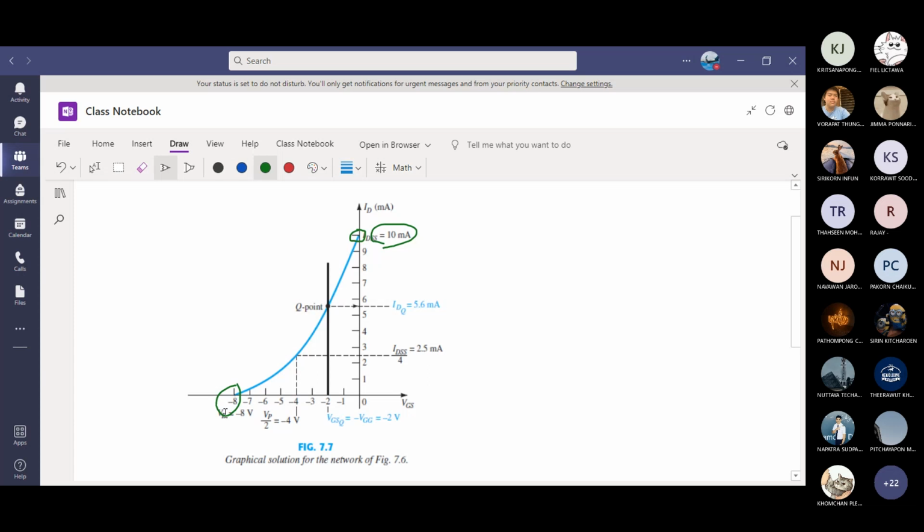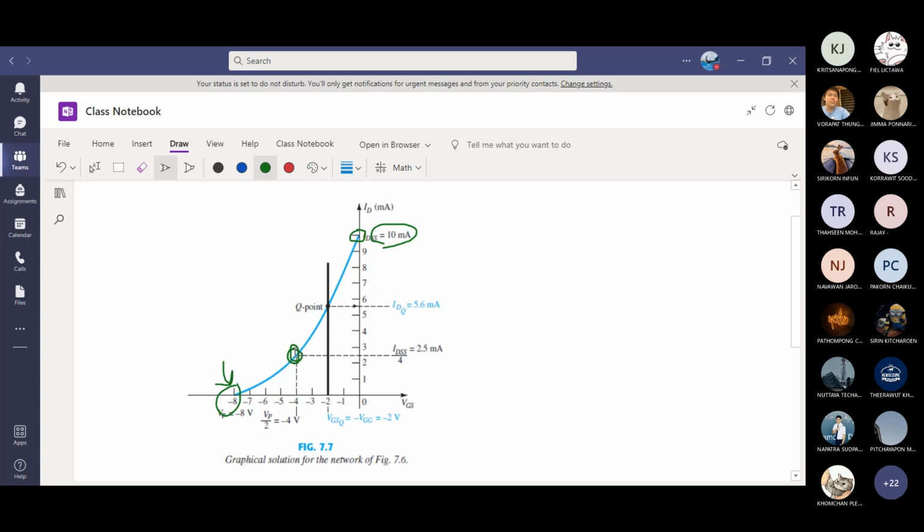ID becomes 0, this point. And at VGS equals VP over 2, which means -8 over 2 is -4 volt, ID will be 1/4 of IDSS. 1/4 of 10 milliamp is 2.5 milliamp. This is the point.